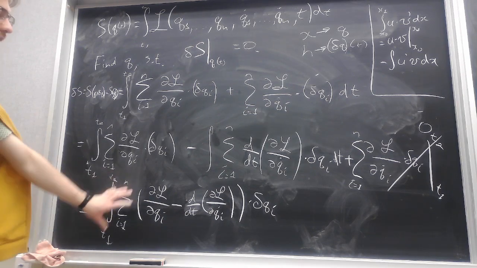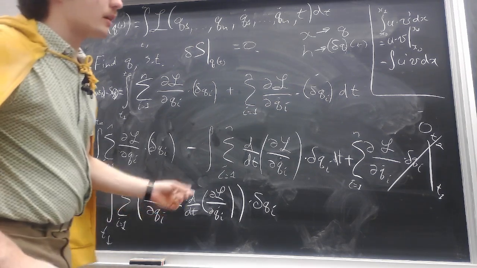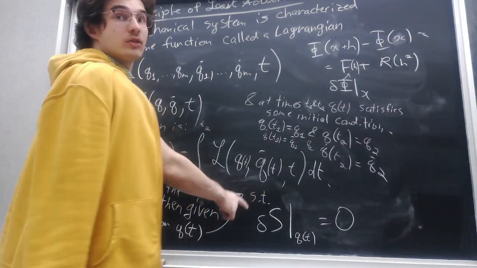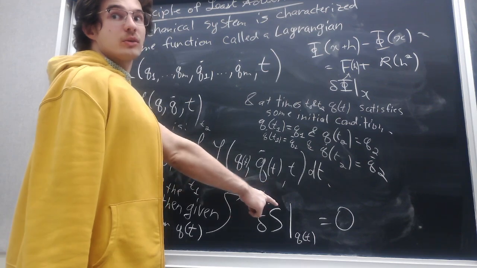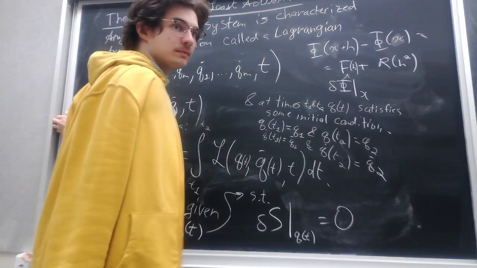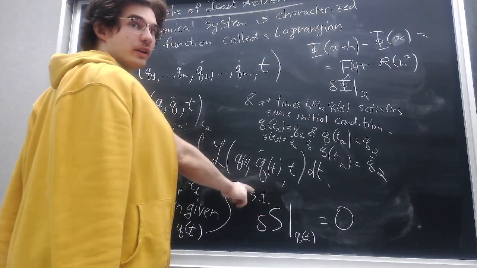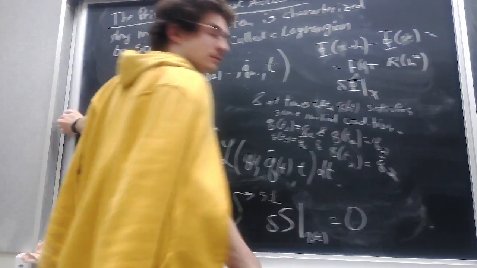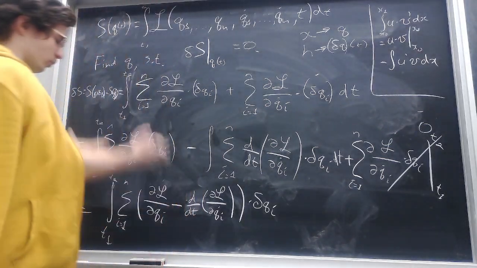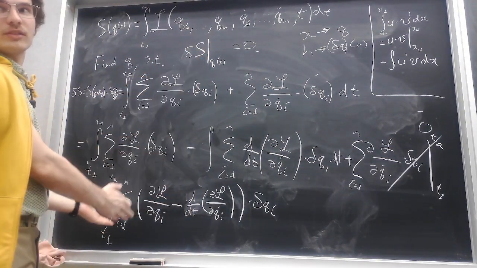Because let's look at this. What did we want? By the principle of least action, we wanted del S, so we wanted to find a Q such that del S is equal to 0. Yes? That was the goal. We just further computed del S to be equal to this thing in our particular case.